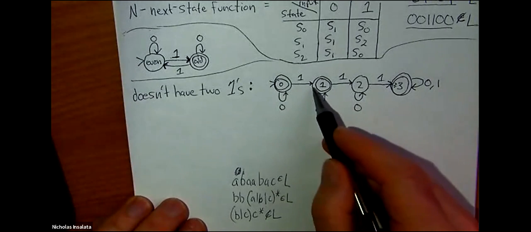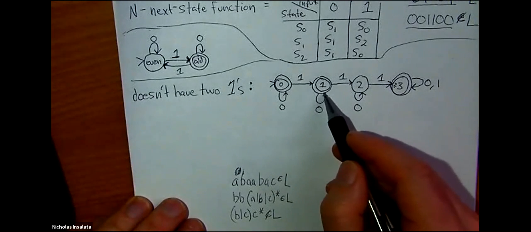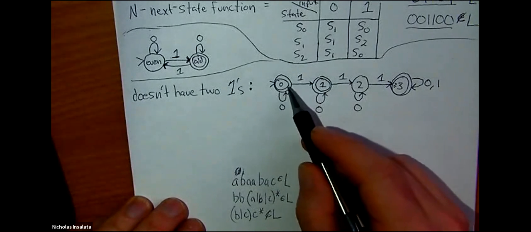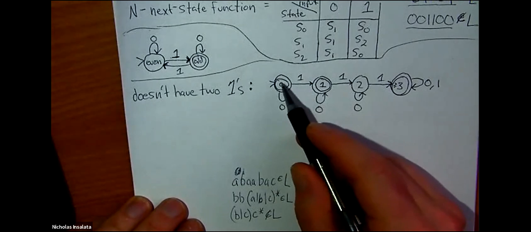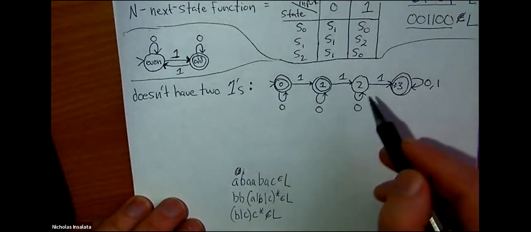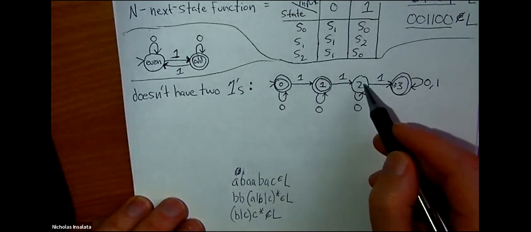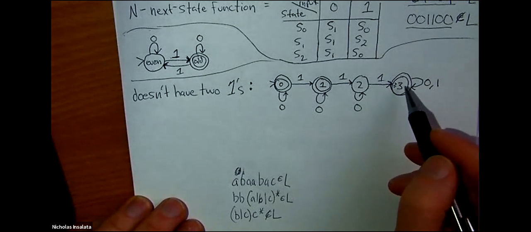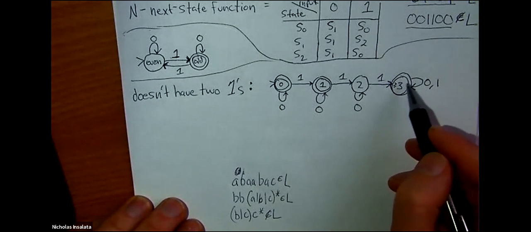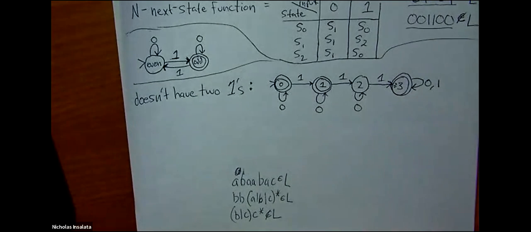Here we happen to have a 1 coming in and a 0 coming in. That doesn't matter. It only matters what's leaving, right? So here we have a 0 leaving and a 1 leaving, so this state's good. 0 leaving and 1 leaving, this state's good. 0 leaving, and before there wasn't a 1 leaving, so we knew that we weren't done yet. Once we put in the 1 leaving and decided where it went, then we're okay on this state. But now since we went to a new one, this has to have a 0 and a 1 leaving as well.